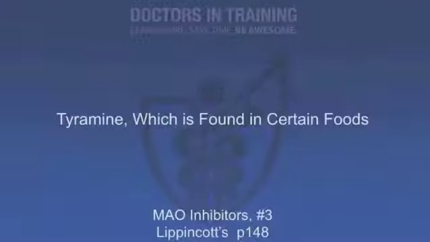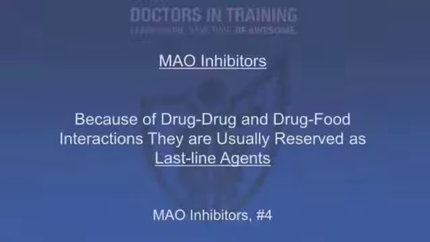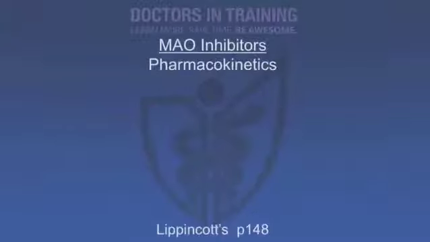One problem is that it not only inhibits the MAO in the brain, but also in the liver and the gut, that catalyze the oxidative deamination of drugs and potentially toxic substances such as tyramine, which is found in certain foods. Because of this, MAOIs have a high incidence of drug-drug and drug-food interactions. Because of the possibility of drug-drug and drug-food interactions, they are usually reserved as last-line agents. Let's talk about their pharmacokinetics.